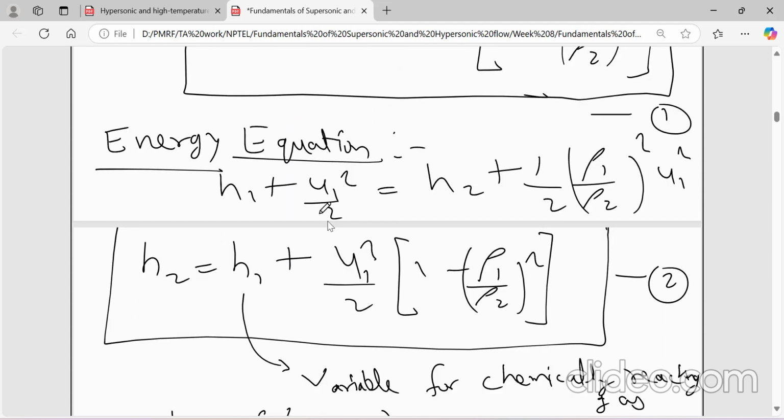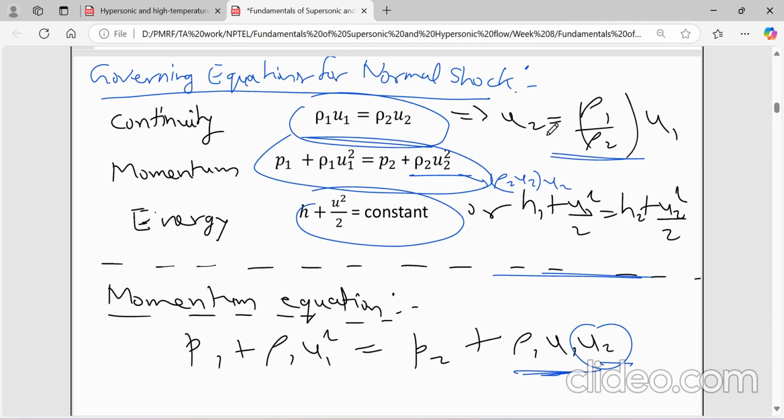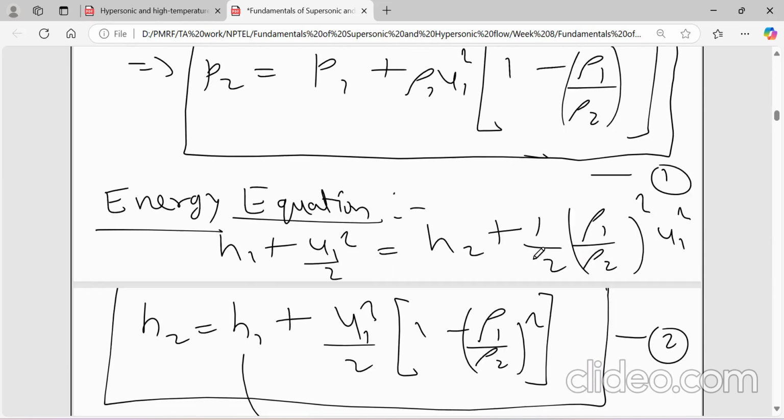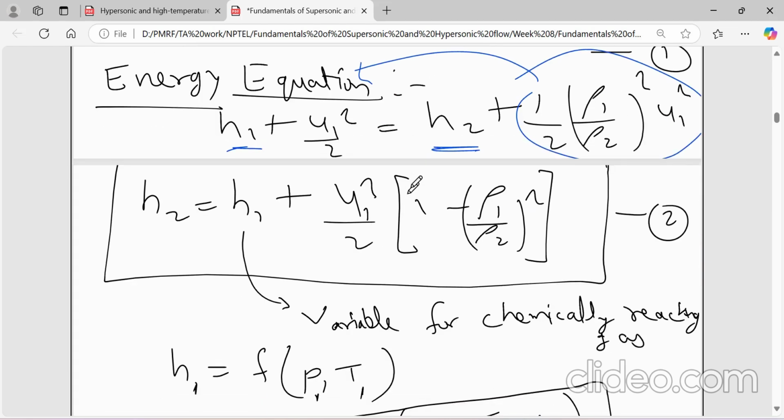Here u2 square I substituted from continuity, so we get h2 plus half ρ1 upon ρ2 whole square into u1 square. This term I will take on the left hand side and take common u1 square upon 2. So I will get h2 equal to h1 plus u1 square upon 2 into 1 minus ρ1 upon ρ2 whole square.